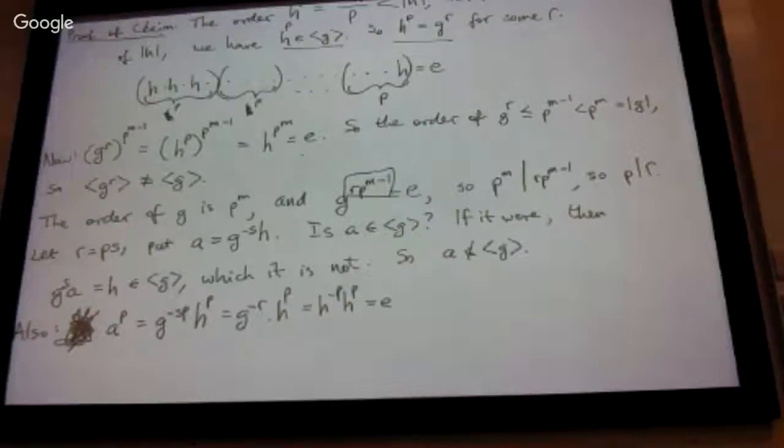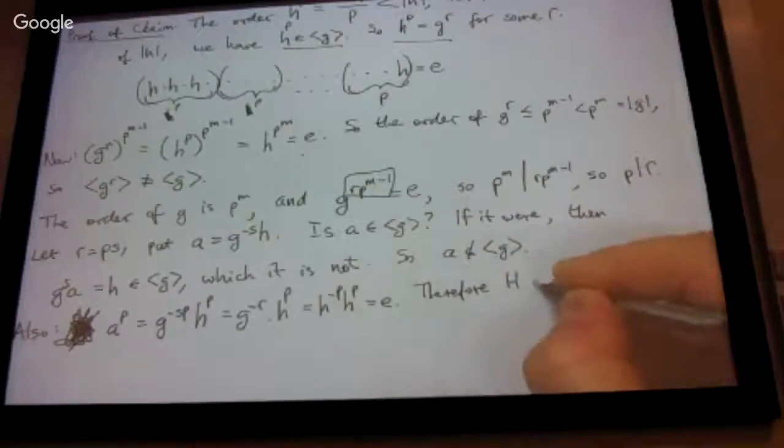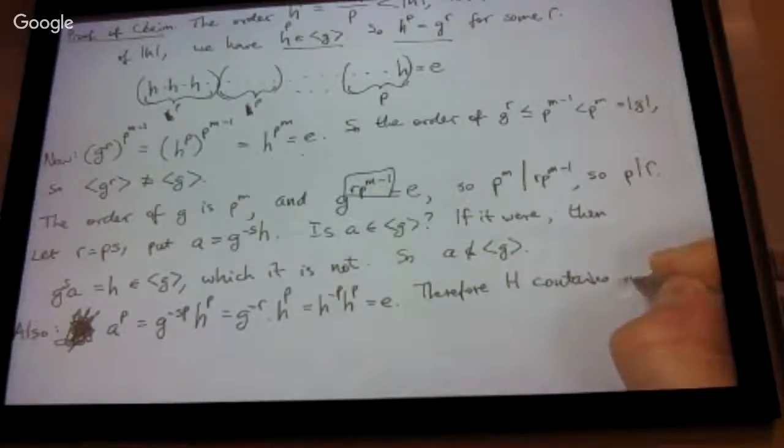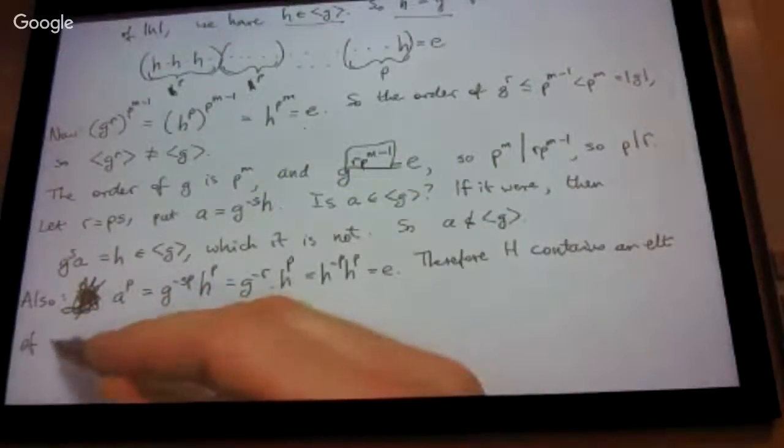So now, why is a in H? Because this is what it is, as you understand. So H contains an element of order p.